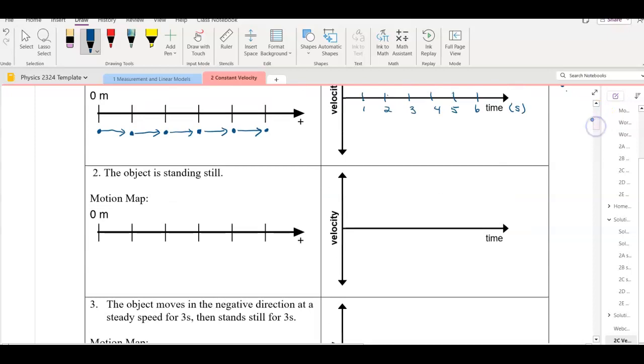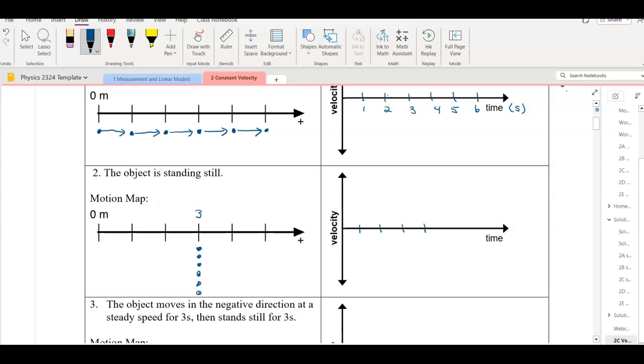So here it says the object is standing still. Okay, so I'm just going to put it at some location. Let's say position 3 meters here, and it stays there for 5 seconds. The dots stack because it's not moving, and it's just staying at that position.